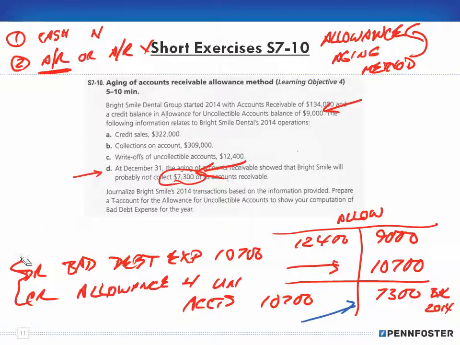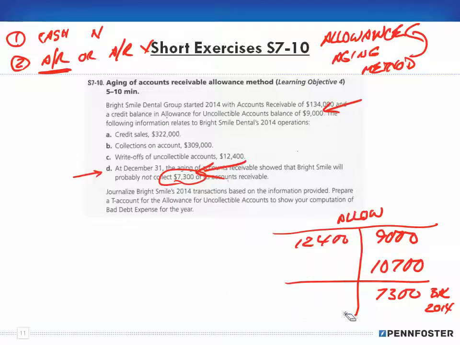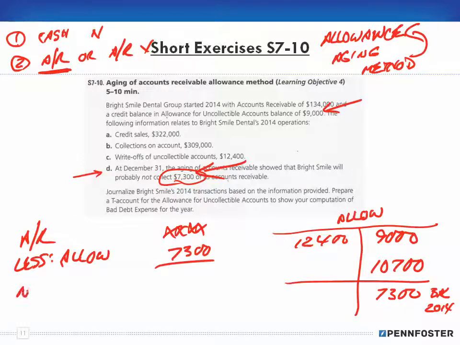So if we look at it in our ledger accounts or on our balance sheet, what we're going to have is our accounts receivable at whatever amount that is, less our allowance for uncollectible accounts of 7,300, and then that's going to give us our net accounts receivable of whatever amount that is.